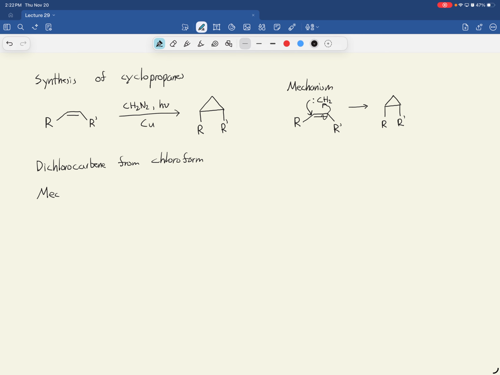So let's talk about the mechanism right now. All right. So how this works is you have potassium tert-butoxide, and that's reacting with chloroform.